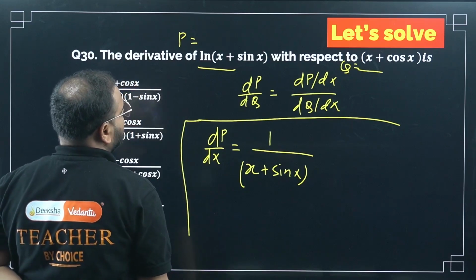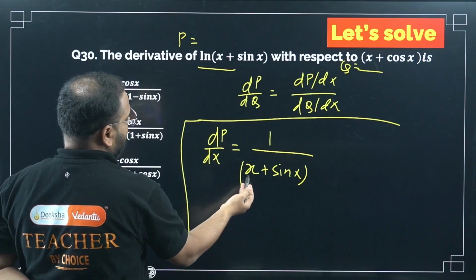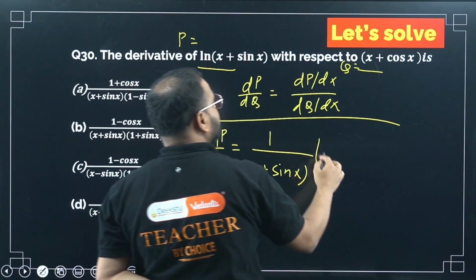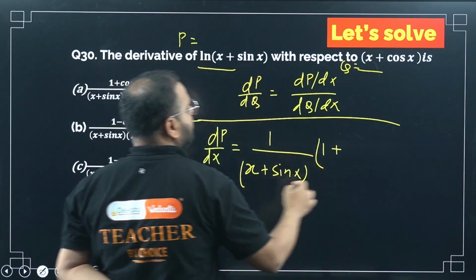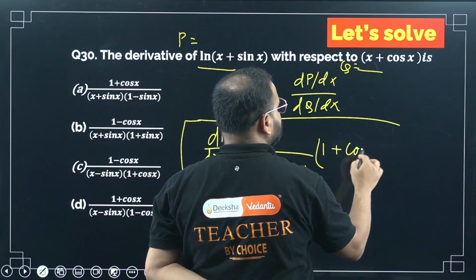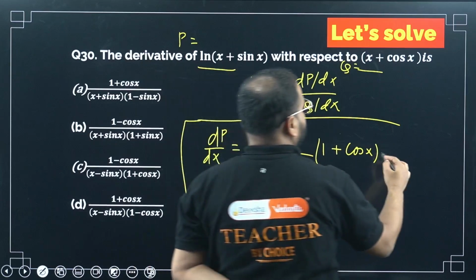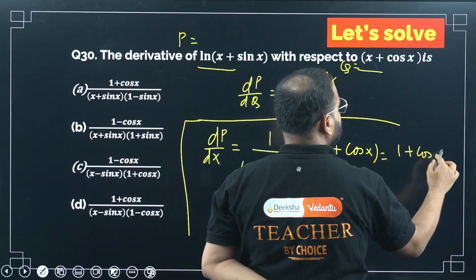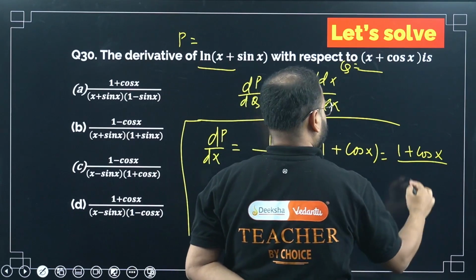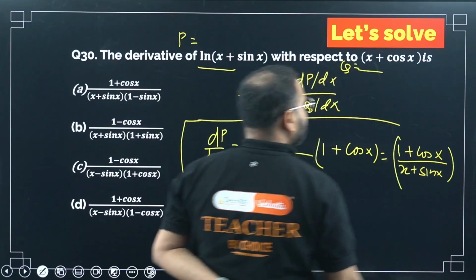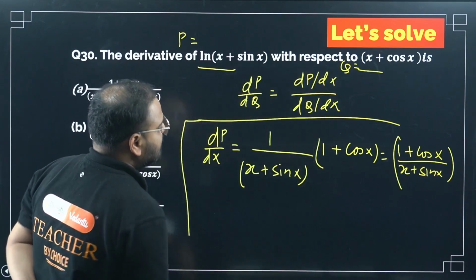Then for x plus sin x, x will be simply 1 and sin x will be cos x. So dp by dx will become 1 plus cos x upon x plus sin x.